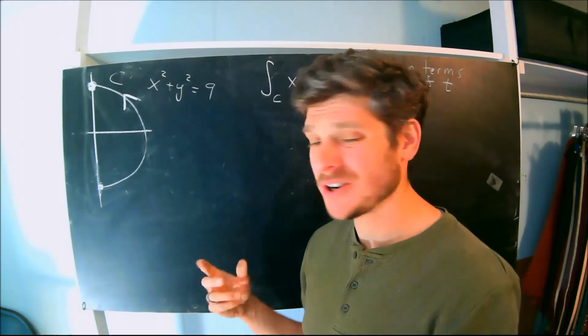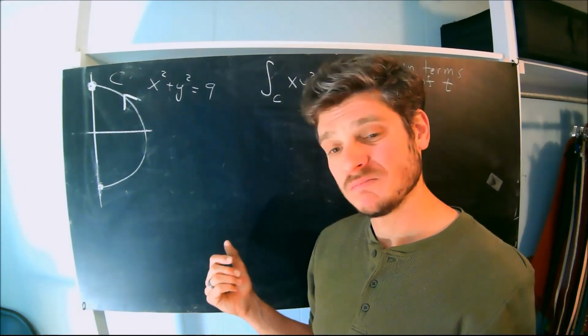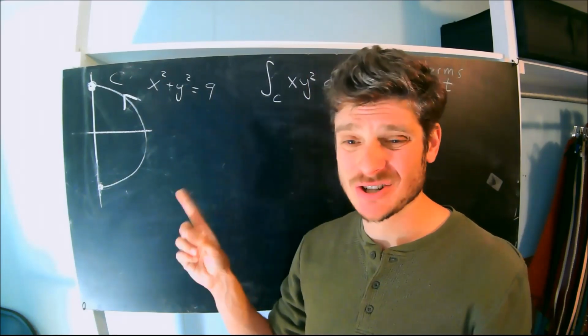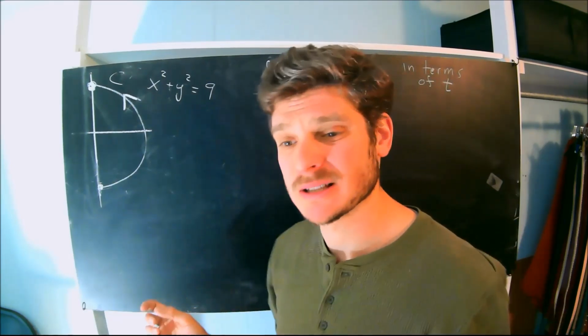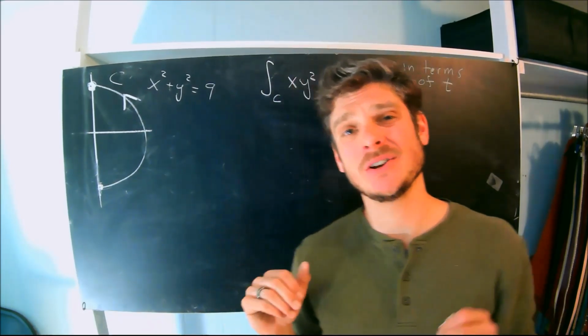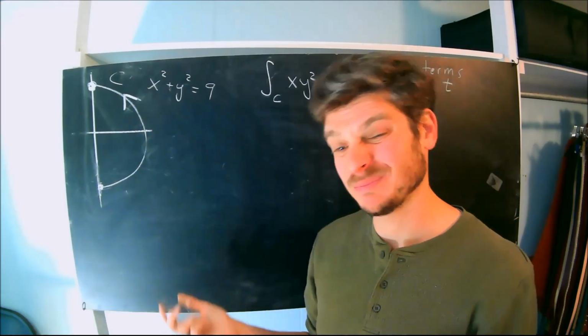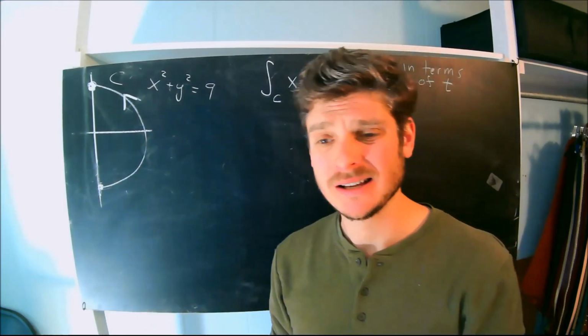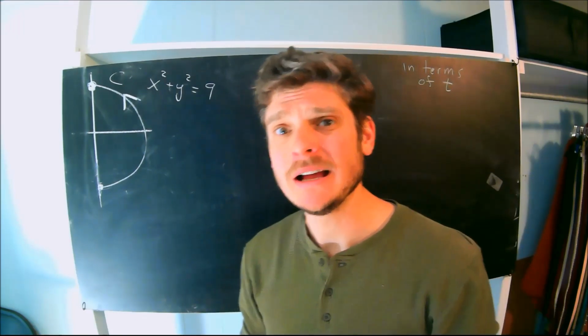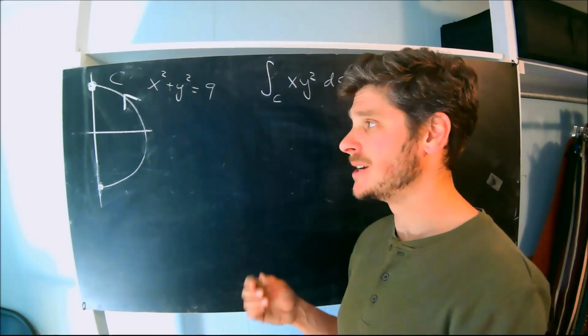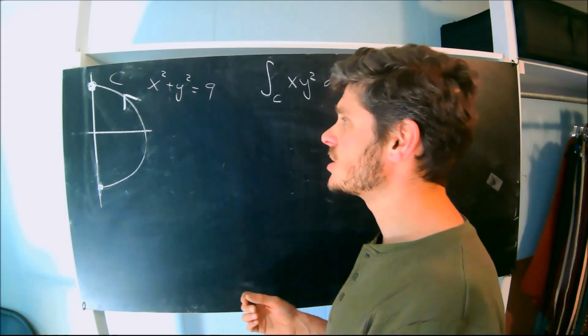Well, what we're going to do here is basically use polar coordinates. If I see a circle, think polar coordinates, except instead of theta, we're going to use t. Although, honestly, we could do this problem in terms of theta, and it's not going to make a difference at the end anyway. It's just that typically we're going to use t.